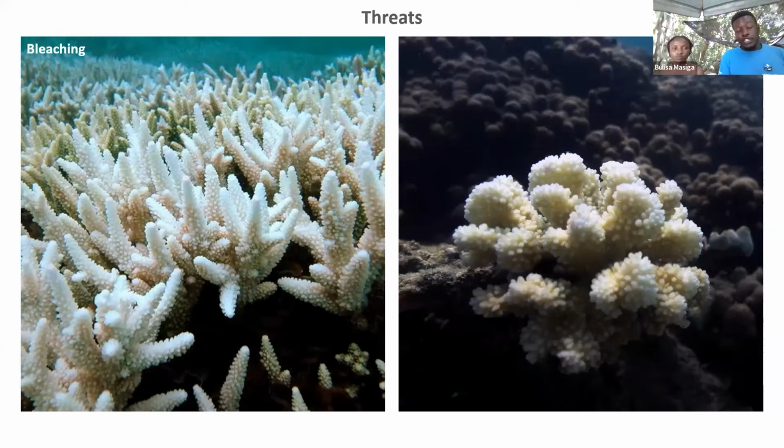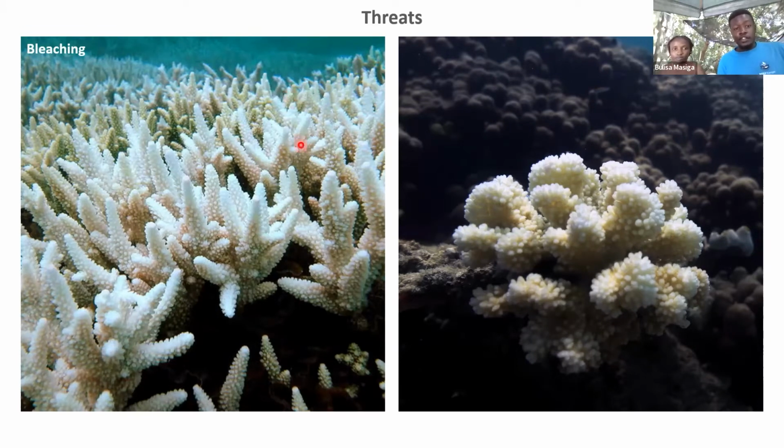So we're going to look at the threats here, and I've divided them into global threats and more localized threats. The main global threats affecting our coral reefs come about because of global warming and ocean acidification.